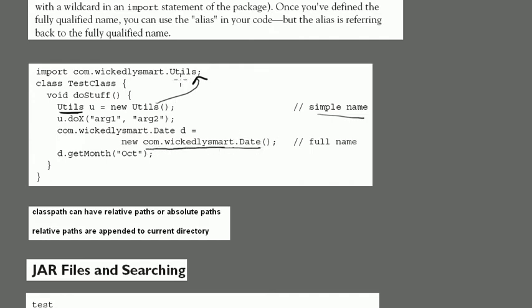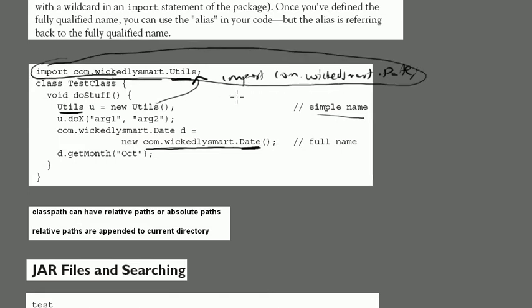Now, because this applies only to utils, and whenever you try to use date, which is in the same package, you would have to specify the whole package name, or you could do something like import com.wickedlysmart.date, or you could eliminate these two statements and have a single import using a wildcard. You could do import com.wickedlysmart.star.